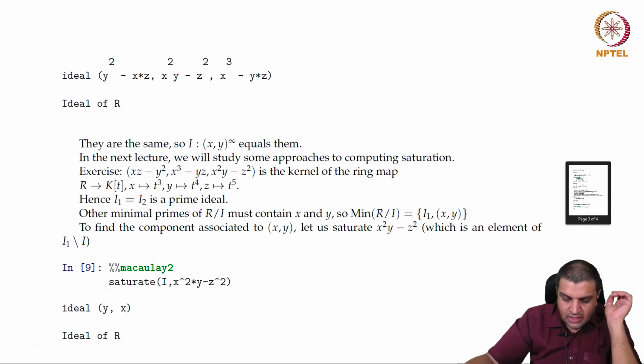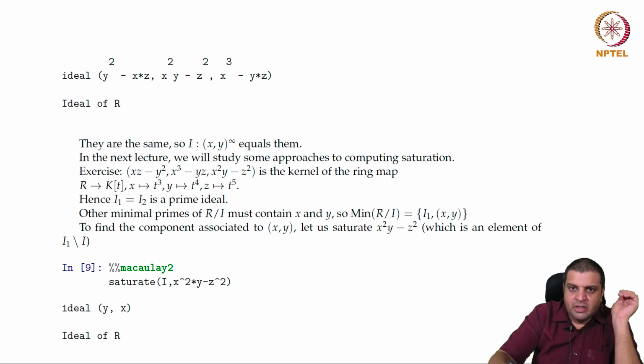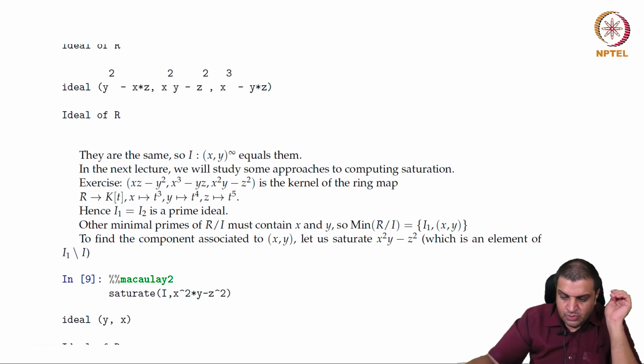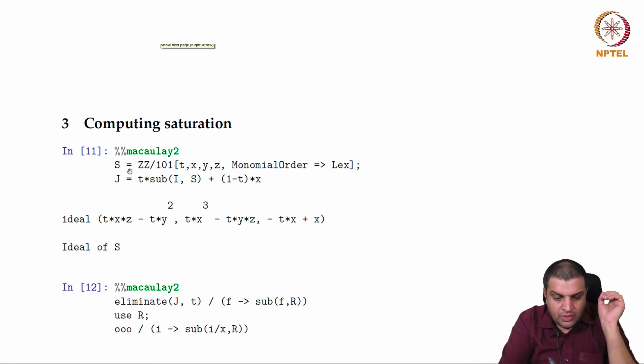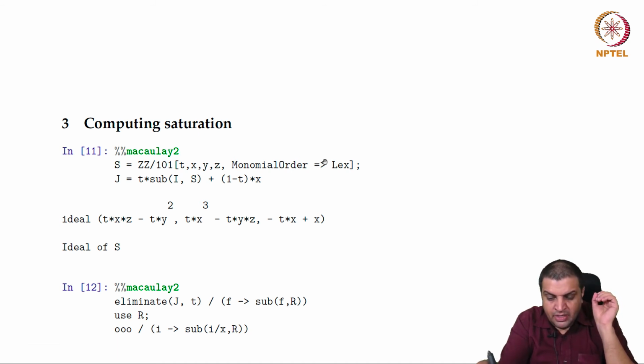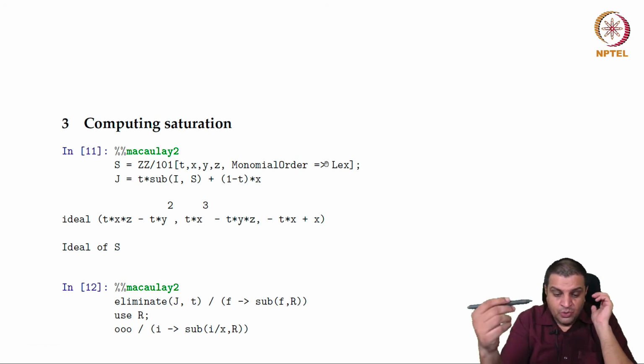Okay, so let's see how what we just described works. Let's illustrate that. So now we construct this larger ring S with t, x, y, z. Monomial order gets Lex because we want to use it for elimination. We need to use a sub command.